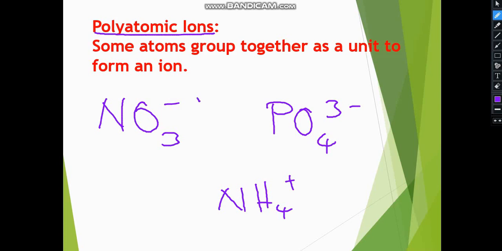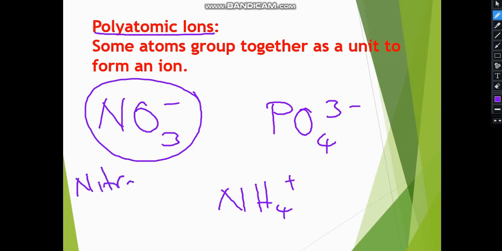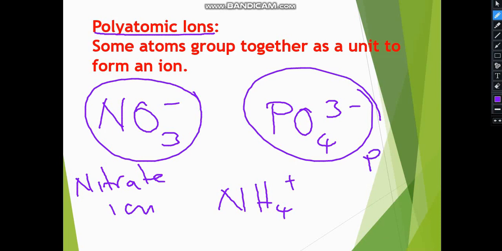So the first one, this one, its name is a nitrate ion. Then the second one is a phosphate ion.